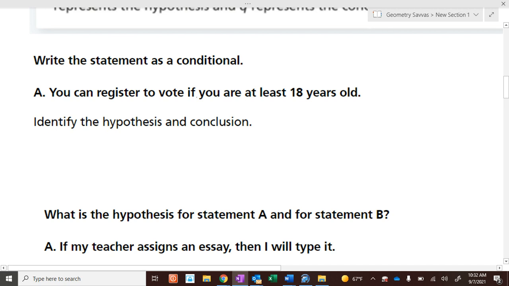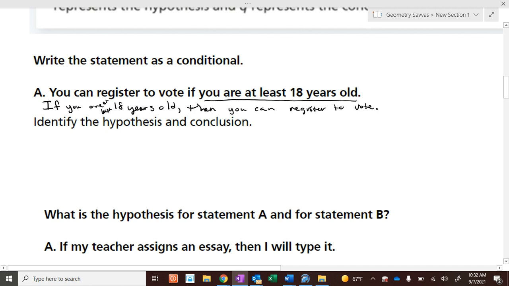Well, we can rewrite this as an if-then statement. If, and the hypothesis is what follows the if. If you are 18 years old, at least, forgot the at least. If you're at least 18 years old, then you can register to vote.